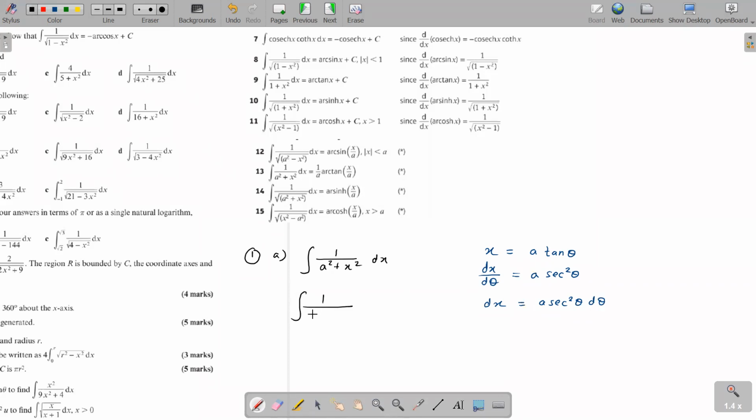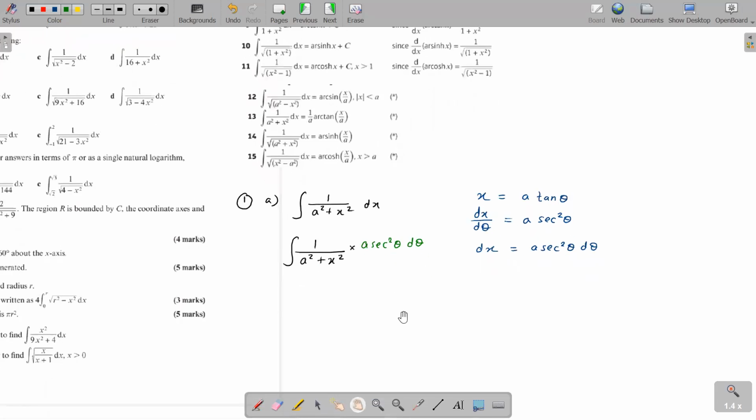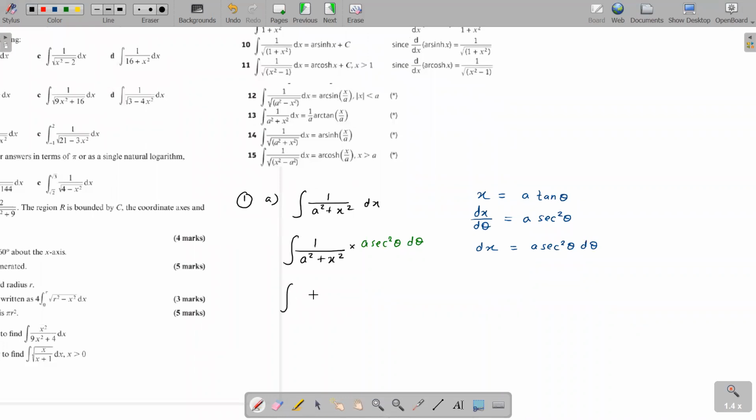So let's input the values here. 1 over a square plus x square times dx is a sec square theta d theta. Let's replace the x with a tan theta, so x square should be a square tan square theta.